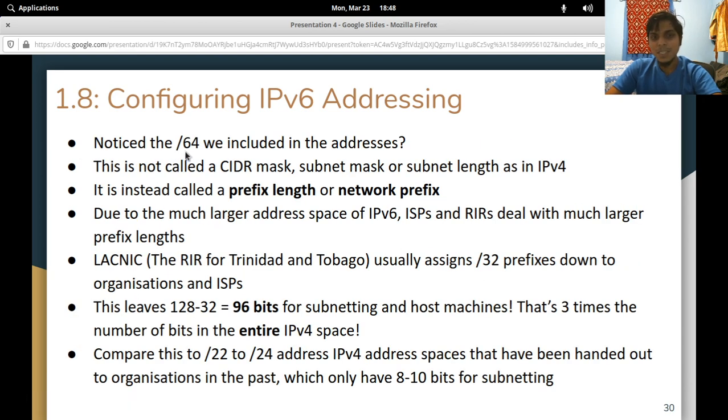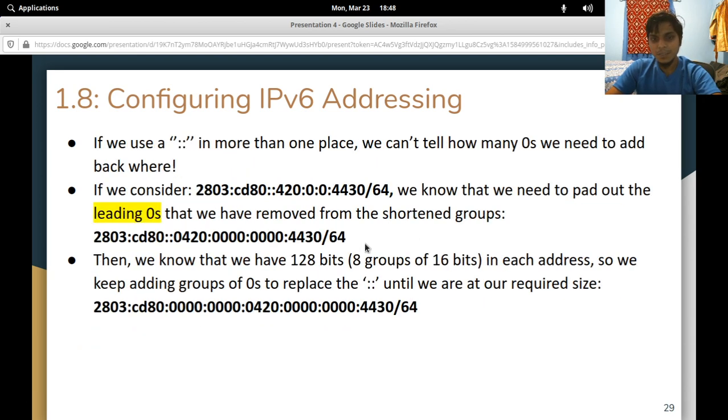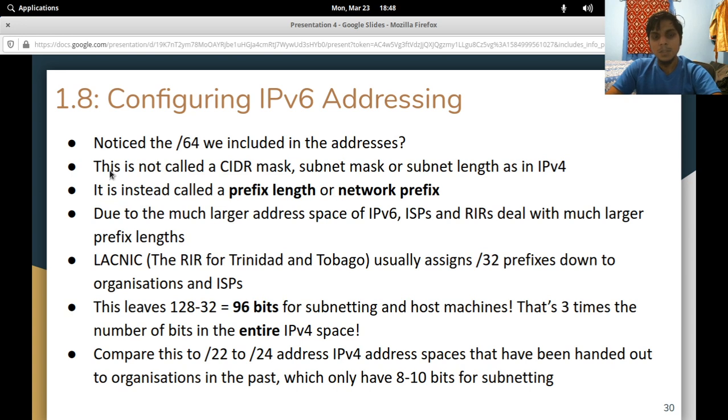So notice the /64 that we included in the addresses. The 64 there, we didn't really contract or expand. So we're going to talk about that now. This /64 is not called a CIDR mask or a subnet mask or a subnet length as in IPv4. It is instead called a prefix length or a network prefix.